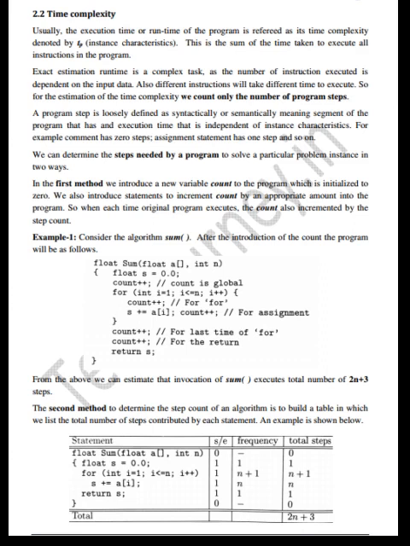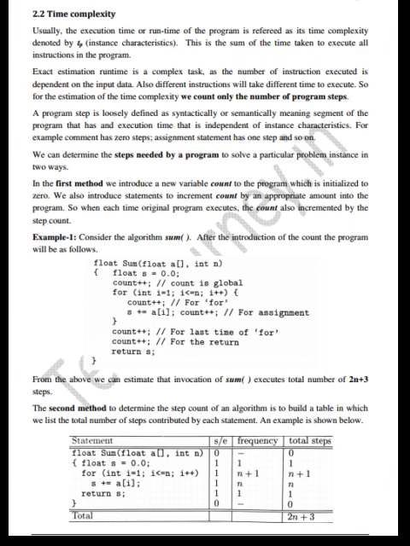See example 1. Consider the algorithm sum. After the introduction of the count, the program will be as follows. See the figure.